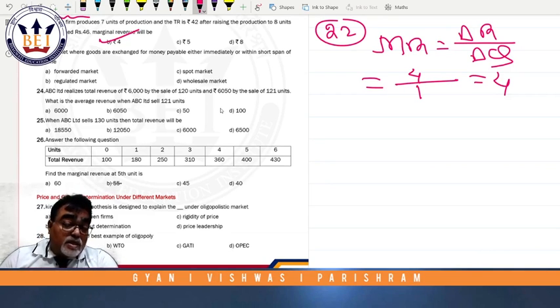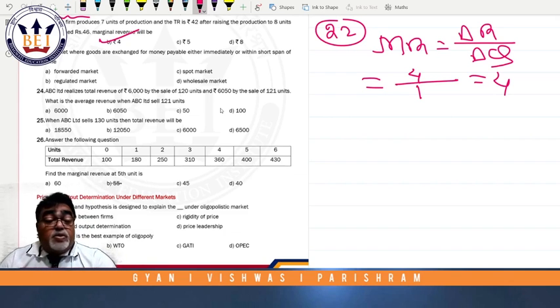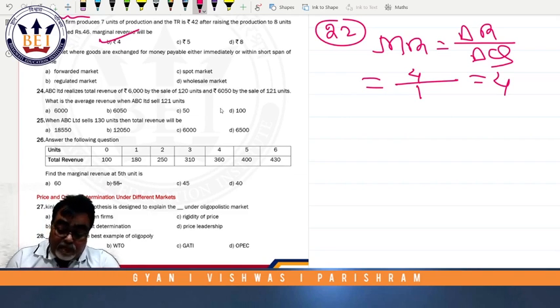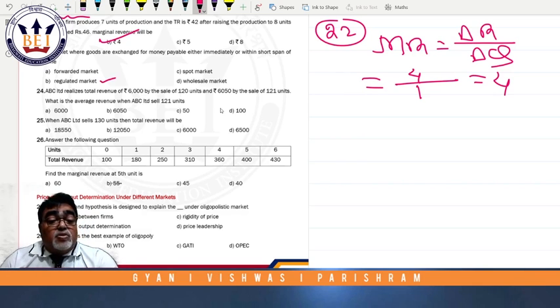Forward market, I just told you, means this agreement is made today, but the transaction may be made in the near future, but the price should be exactly whatever was agreed upon. Regulated market means stock market mostly, or capital market, wholesale market in general, but immediate means it is nothing but C, spot market. 23 answer is spot market.